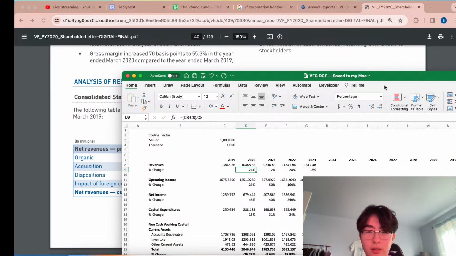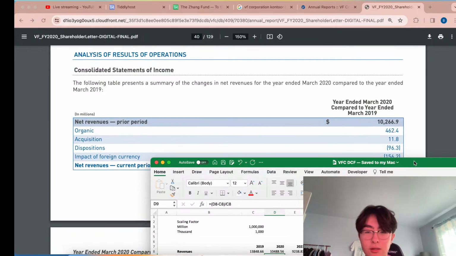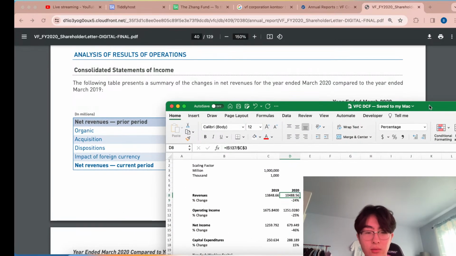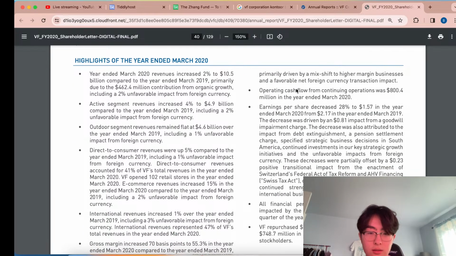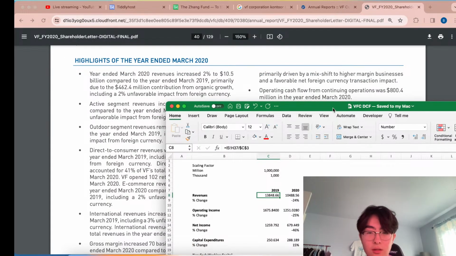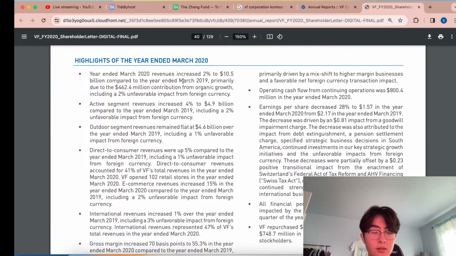But why are they claiming that revenues was at 10 million, or I guess 10 billion, when in reality it was 13? So I'm curious. Does it have to do with the fact that discontinued operations, but discontinued operations wasn't even that much?